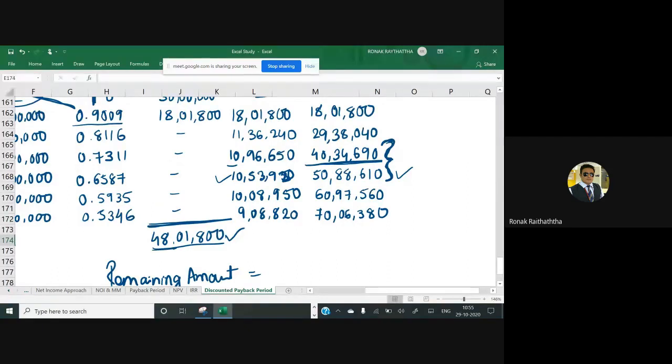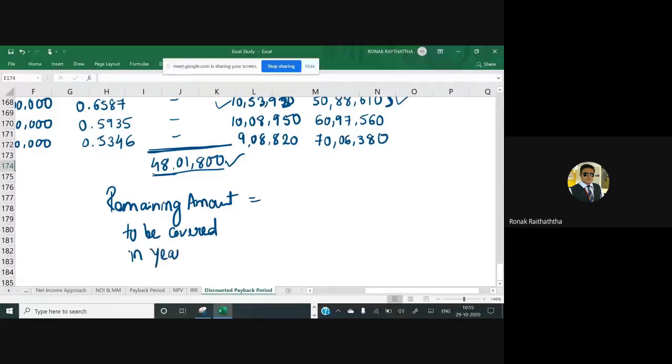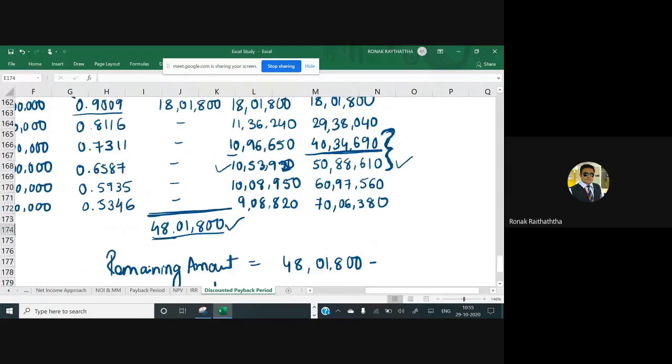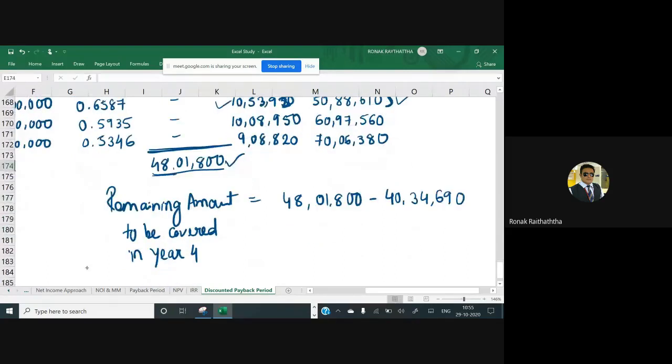So what is the remaining amount which is to be covered in year number 4? So remaining amount shall be 48,01,800 minus the total of year number 3, that is 40,34,690. So the pending amount which is required to be covered up in year number 4 shall be, sir. Can someone give me the answer of this? I hope you are able to get this.